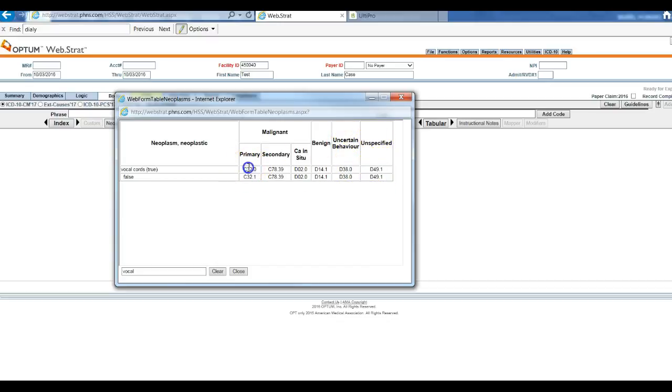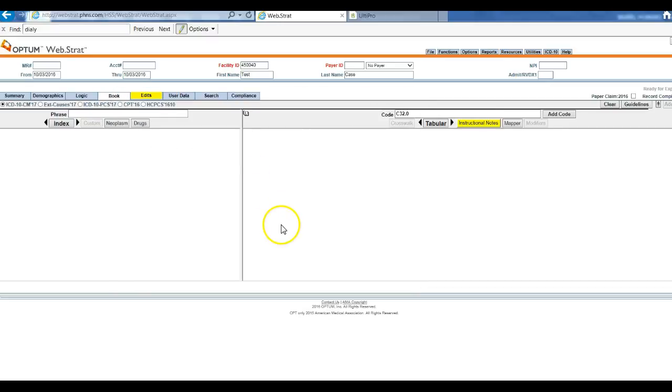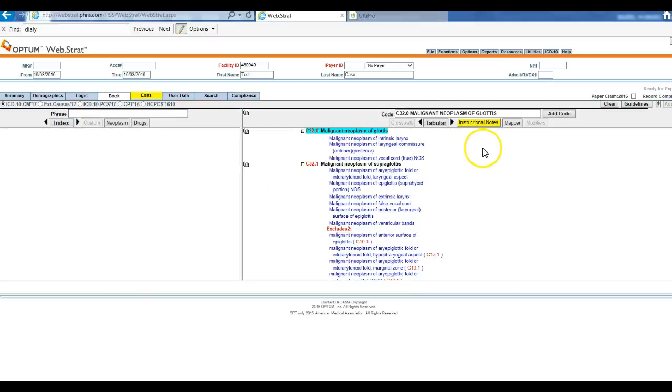The provider gave the patient a diagnosis of primary. So what it does here in the tabular, because remember, you're on the table, but you always want to review your tabular list. Okay, so it says C32.0 is my category, or C32 is my 3-digit category.